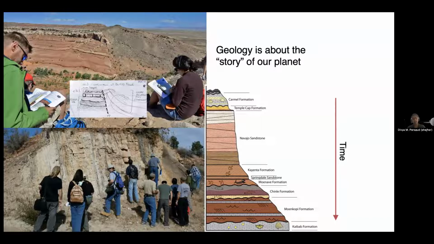And so on the right, I have something called a stratigraphic column. And that's just an illustration capturing or summarizing the geology from an outcrop. And the idea is that we're trying to get back through time and understand the different environments that have existed just based on the rocks that we see in the analyses that we do.